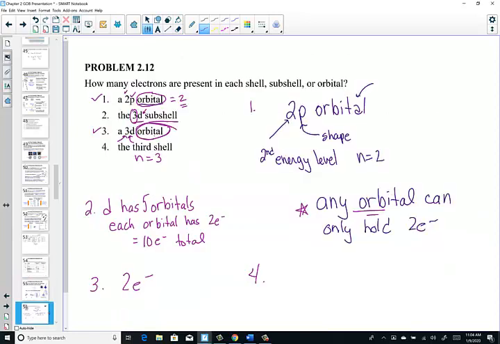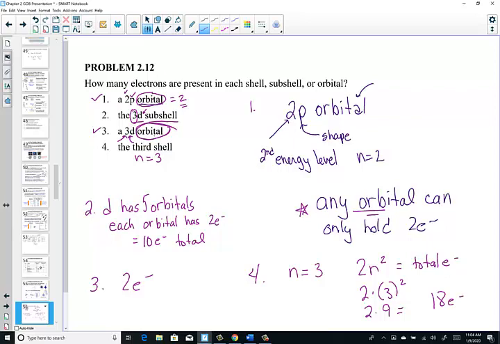That can be solved for quickly. If n equals 3, our formula says to find the total number of electrons for any particular shell, take 2 times n squared. 3 squared is 9. 2 times 9 gives me 18 total electrons.